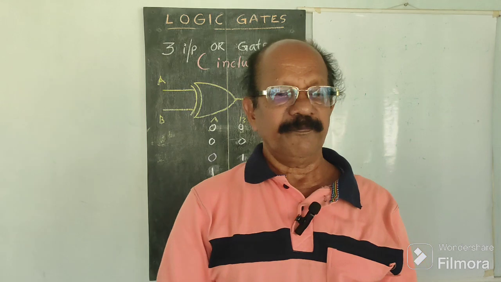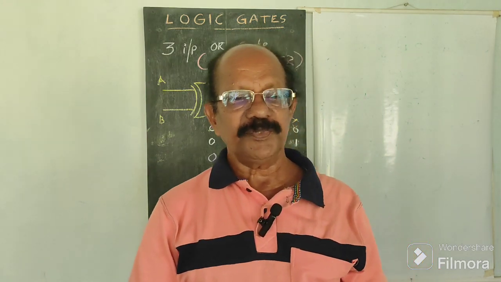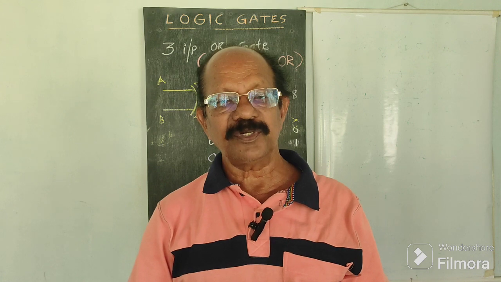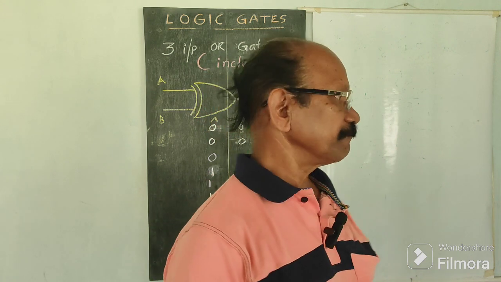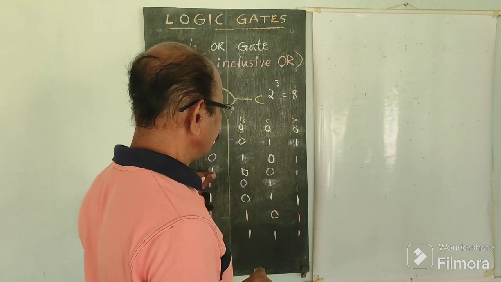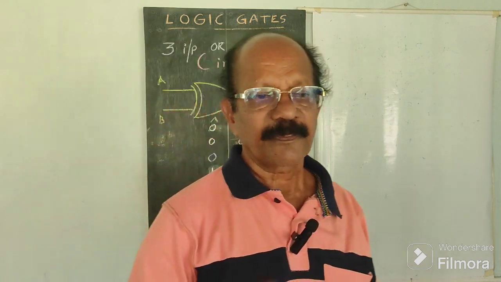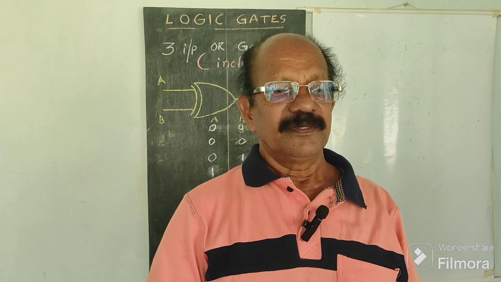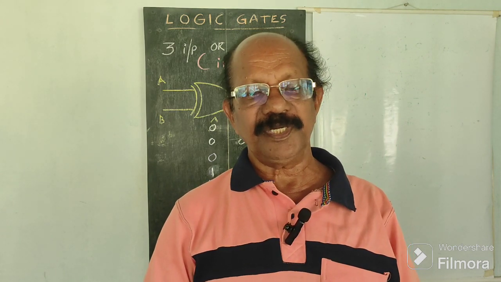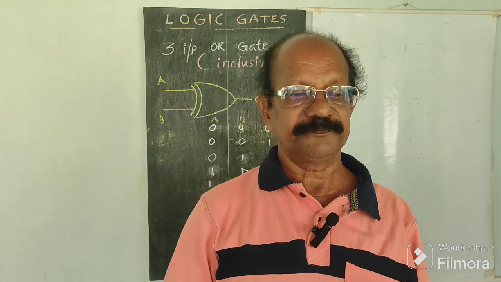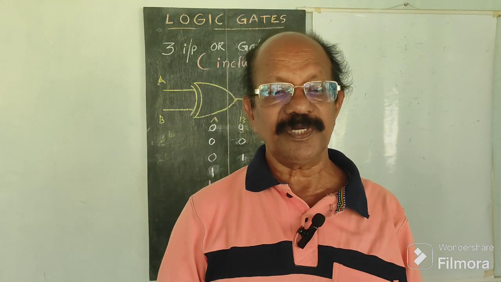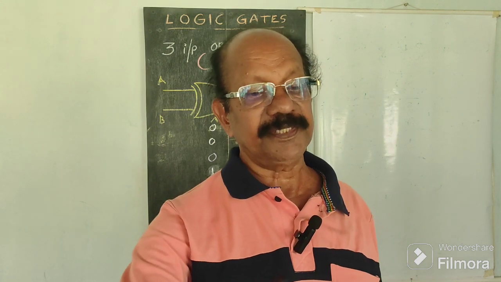In the first column A, the logic values alternate between 0 and 1 every 4 rows, twice. The second input B alternates between 0 and 1 every 2 rows, 4 times. The third input C alternates between 0 and 1 every row, 8 times. That is the meaning.